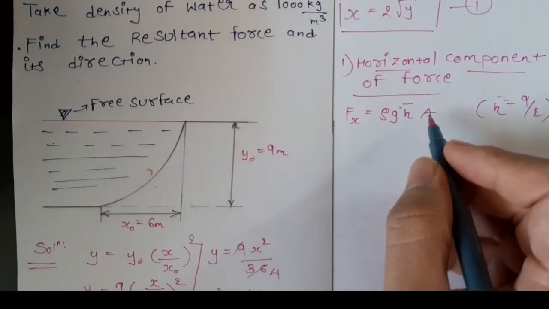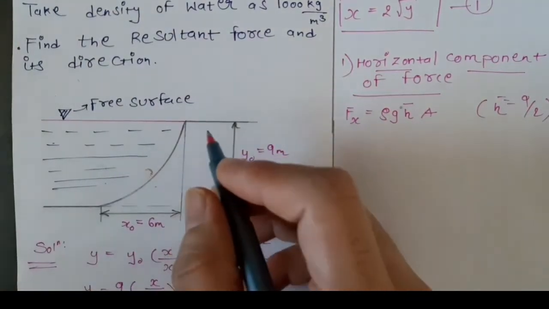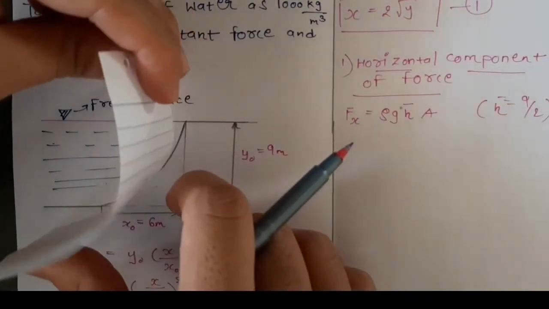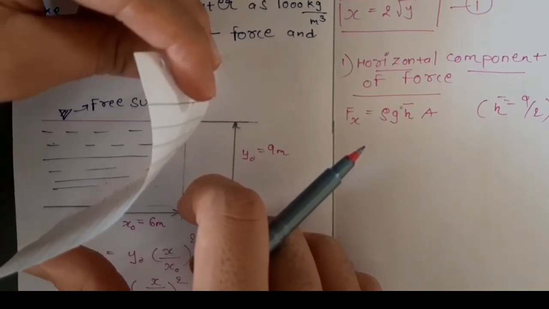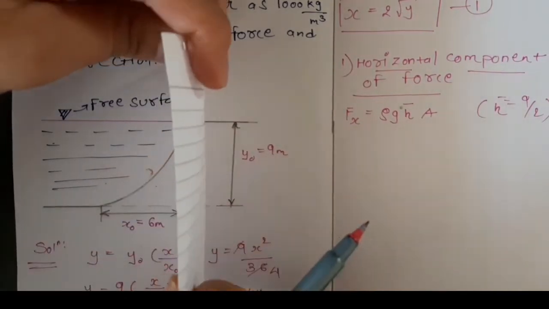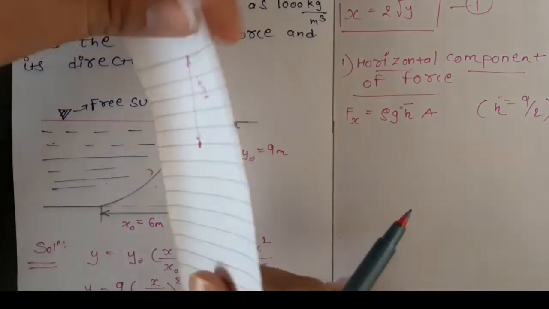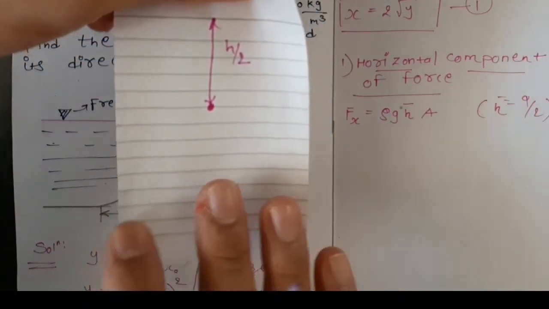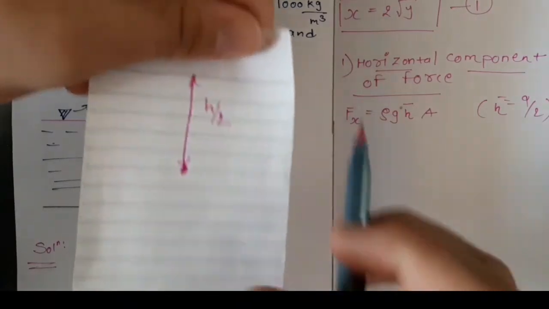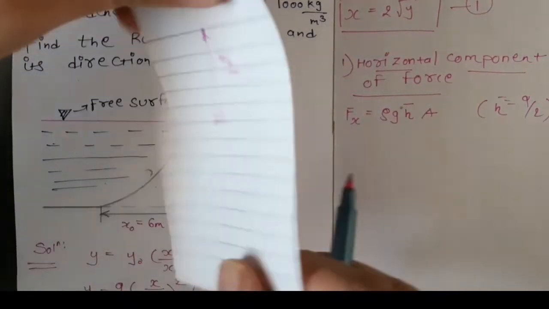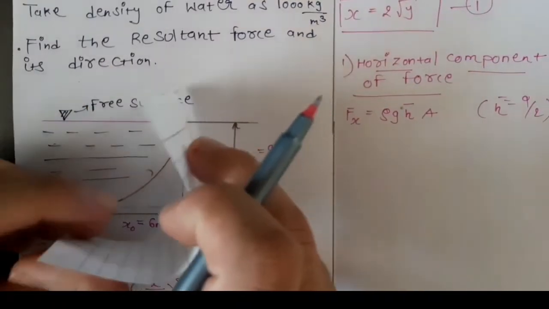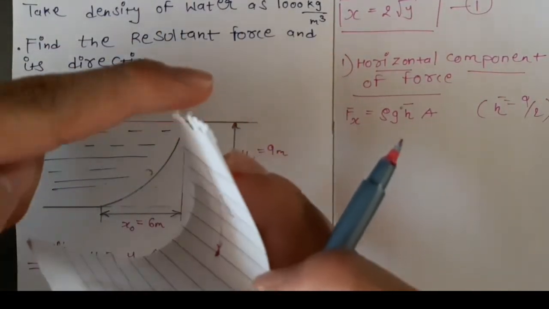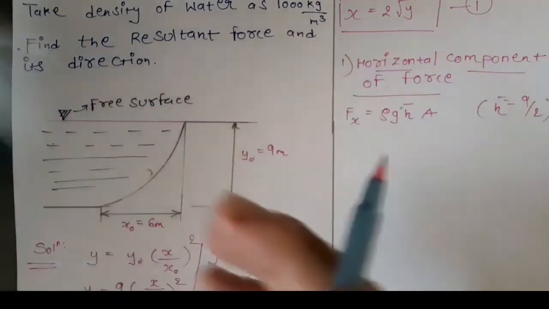Now what is A? A is the area of this projected surface. So here this is the curved surface, so it is projected on the vertical plane like this. This is the projected part. So this is the rectangle. Projected part is nothing but the rectangle. So what will be the area? It will be length into breadth. But here the thickness is not given in the question, so we will take it as 1.